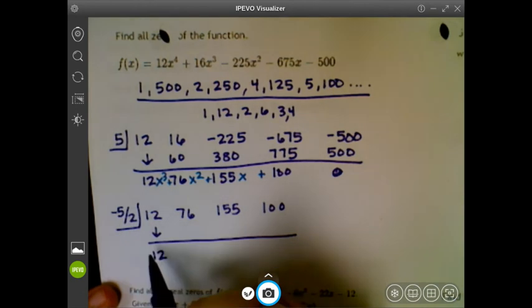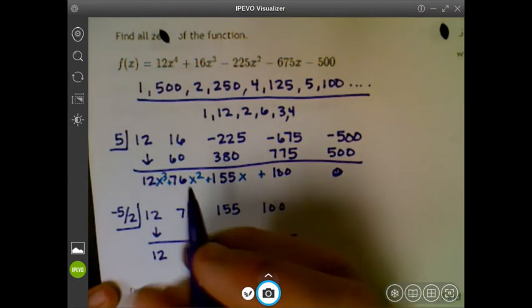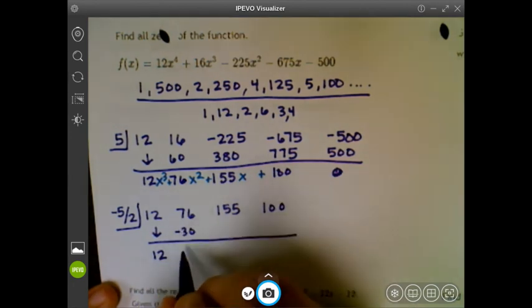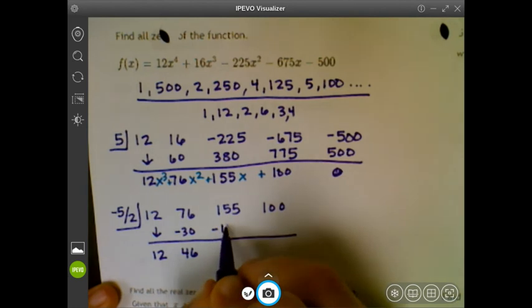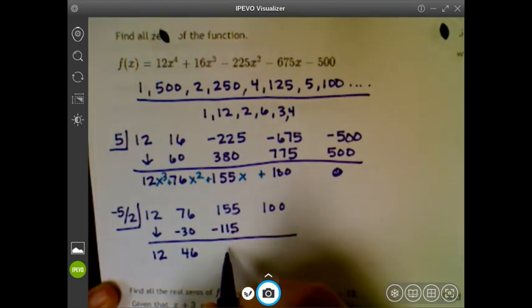Negative 5/2 times 12, the really nice thing is divided by 2, it will turn into a nice number here. So that's negative 30. Add those together, we get 46. Multiply again, we'll get negative 115. Add, we get 40.